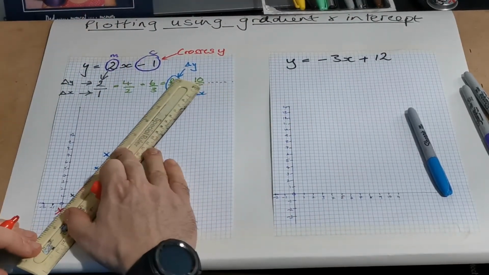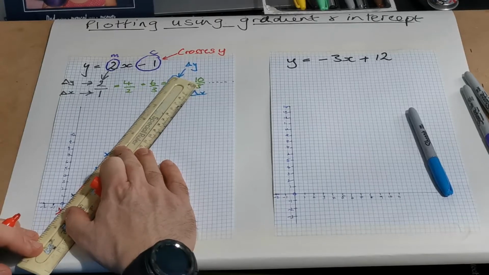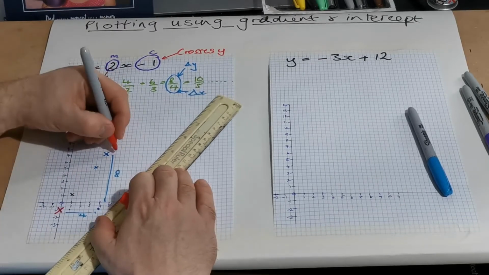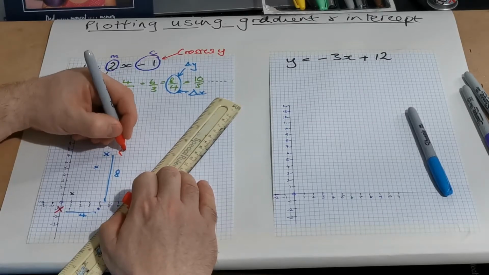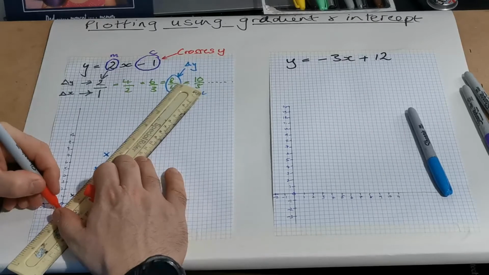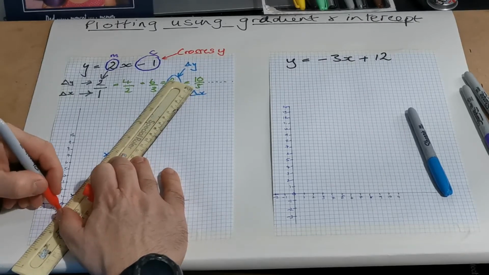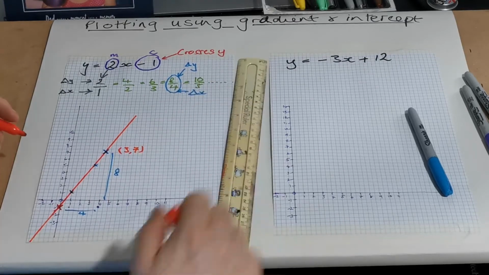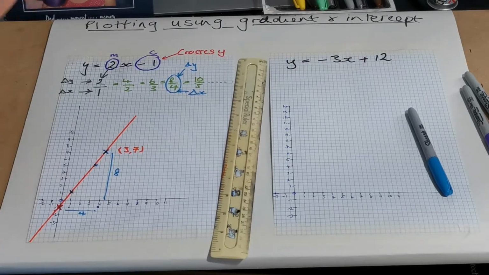So I can then join my initial point and the point which I've just worked out, which is (3, 7), together. But remember that the line goes through those points and out to the other side.